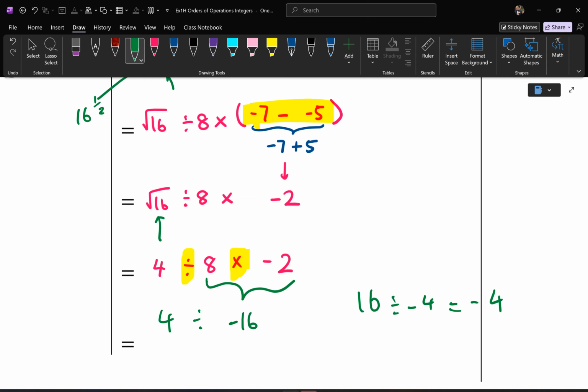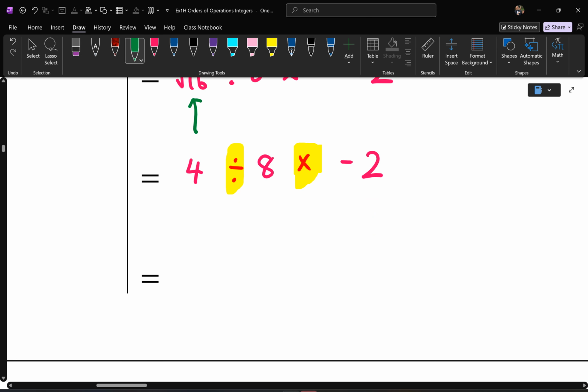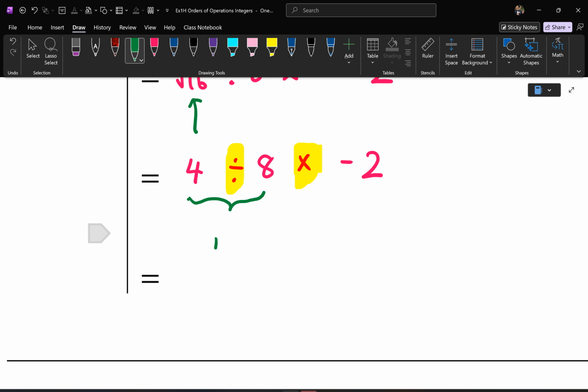How you should do it, and I know it's not ideal, this is now for students who are stronger with their fractions. 4 divided by 8. For those who don't know, write these notes in. 4 divided by 8 is actually the same thing as writing 4 over 8. That actually means 4 divided by 8.